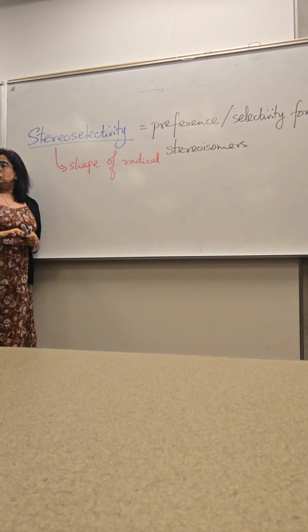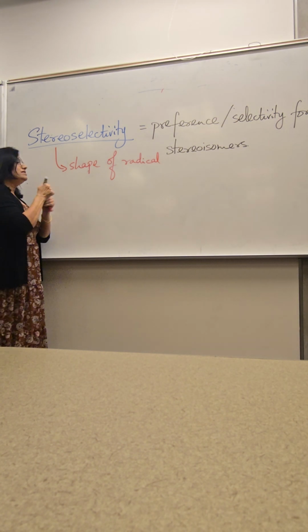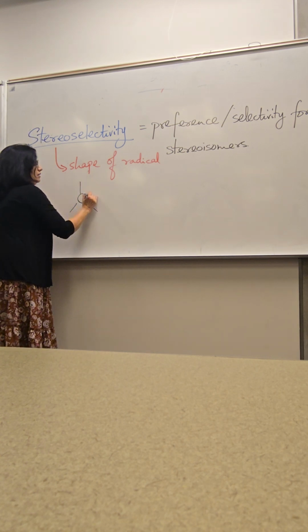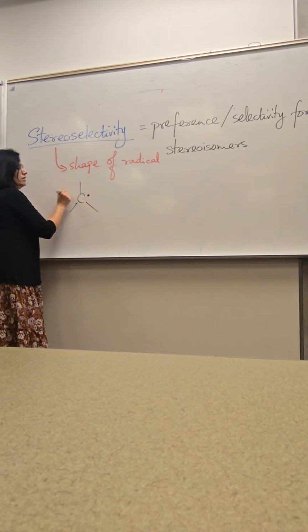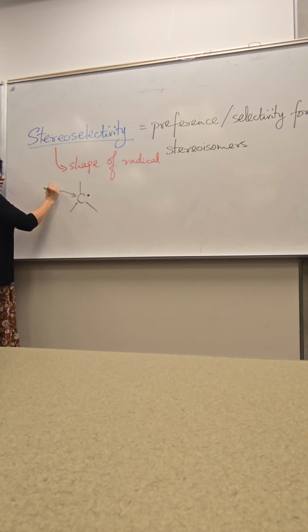Can we go back to the shape of the radical? We discussed this on Monday. What is the shape of a carbon radical? If you have a carbon radical, what's the hybrid? It's a trigonal planar radical. What's the hybridization state of the carbon that the radical is on? sp2. So it is trigonal planar, absolutely.